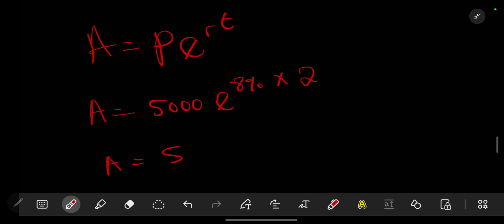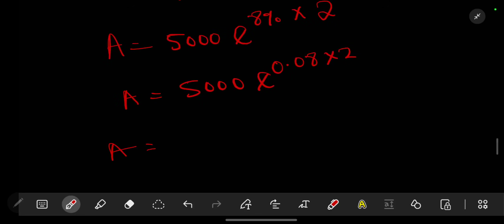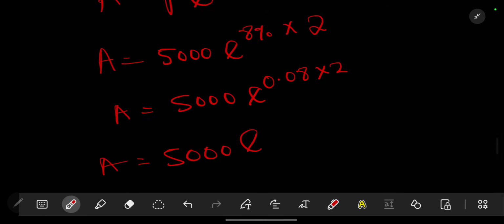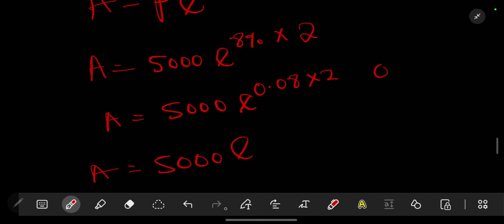So our A is equal to 5,000 E, then 8% is the same as 0.08 times 2. So A should be equal to 5,000 times E to the power of, if we multiply 0.08, just remove the zeros and multiply normally, 8 by 2 is 16.